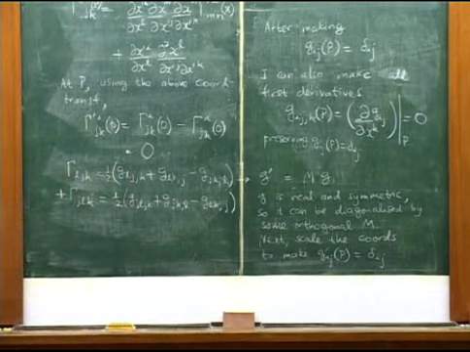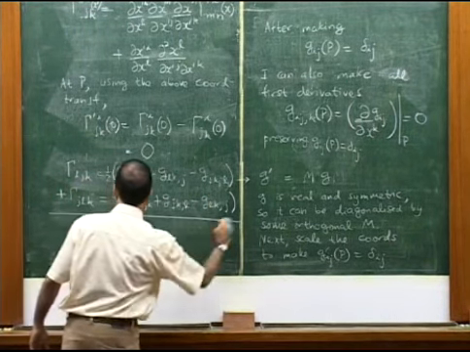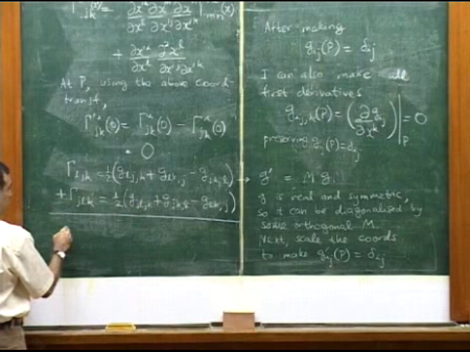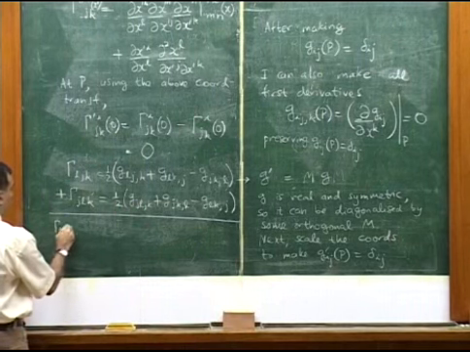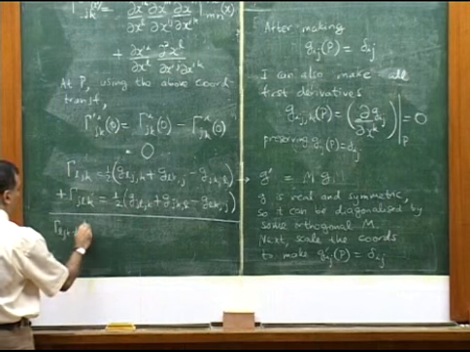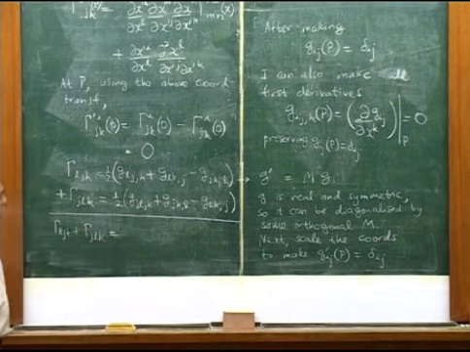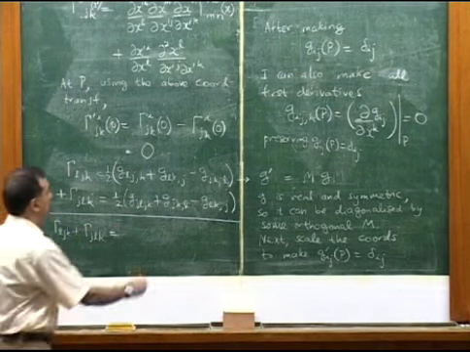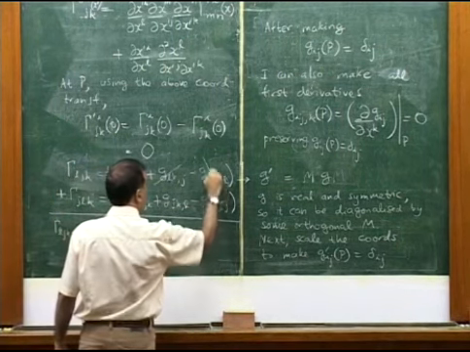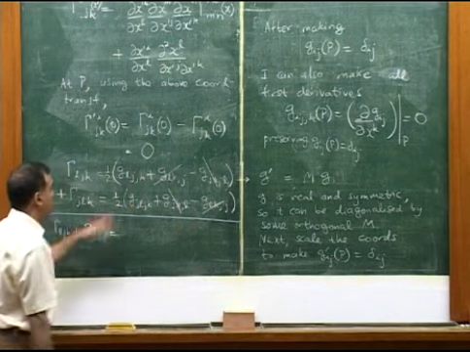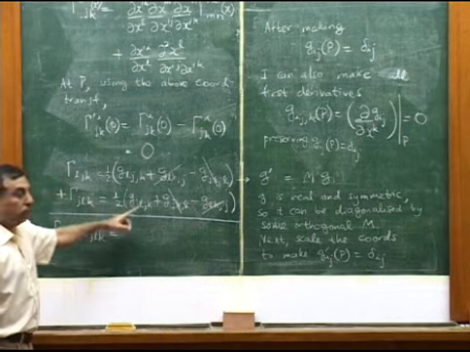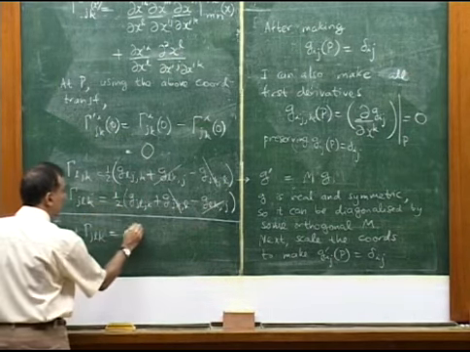okay. Now I add both sides of the equation. What's the right hand side? This cancels with this, and this cancels with this, and these two are equal. So the half goes.